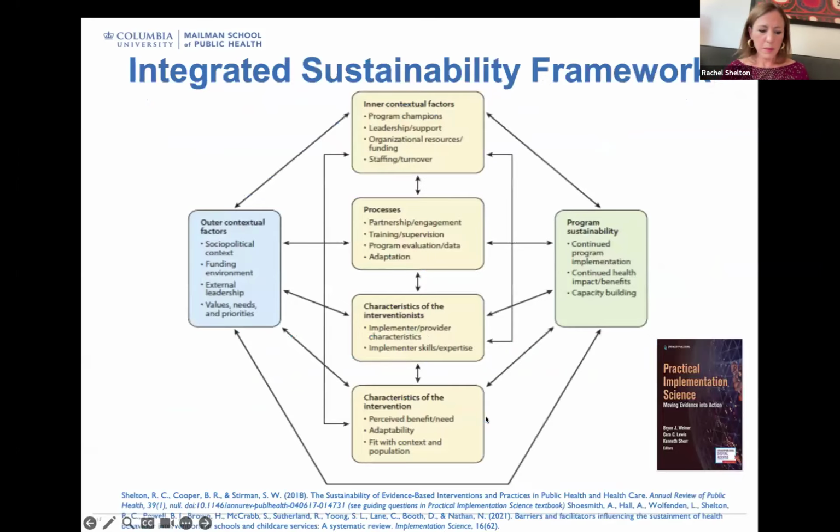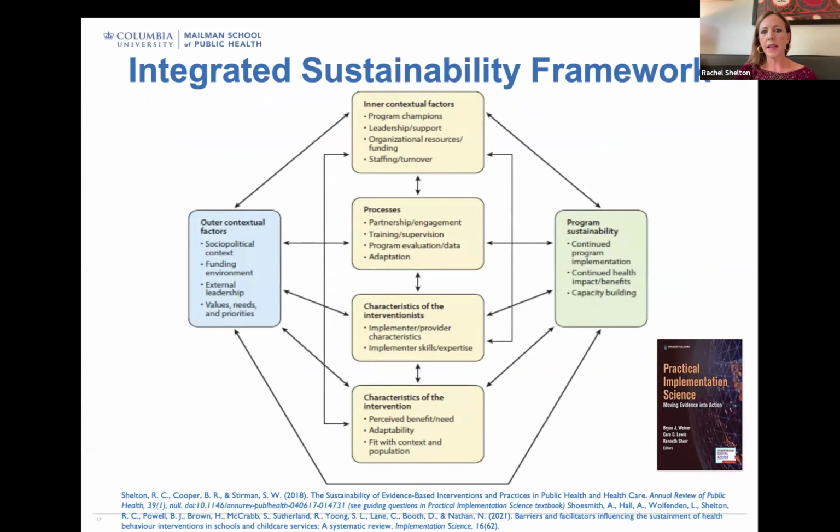Okay. So now we're going to move a little bit into some of the tools to think about in your own work. Almost 10 years ago, I did a review with colleagues of the existing literature across multiple types of settings: global work, community, clinical, public health, schools, workforce, health systems. We tried to see, are there common factors that matter for sustainability, no matter the setting or population or intervention?